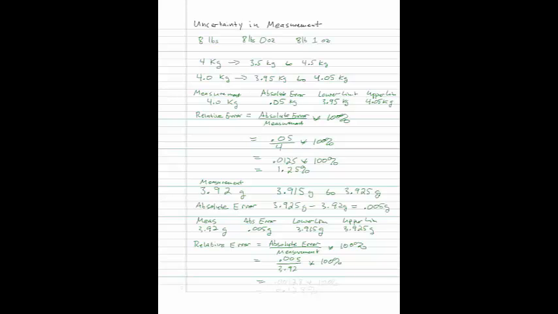What does that give us? 0.005 divided by 3.92 is 0.00127, and then we have to even approximate this. 0.00128 when you round, times 100%. So you can see that's just 0.128% when we multiply 0.00128 by 100.